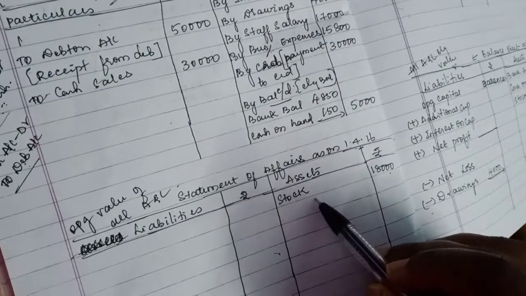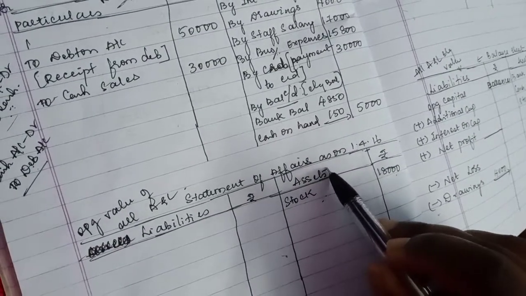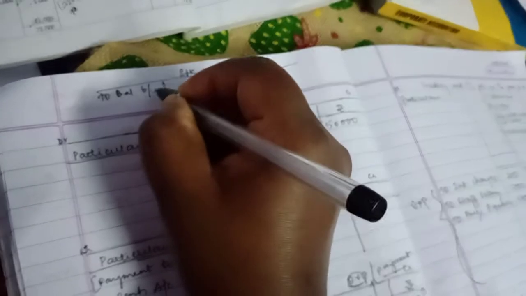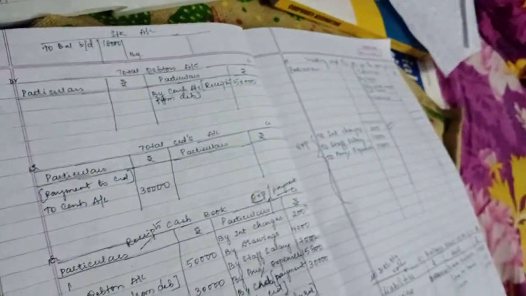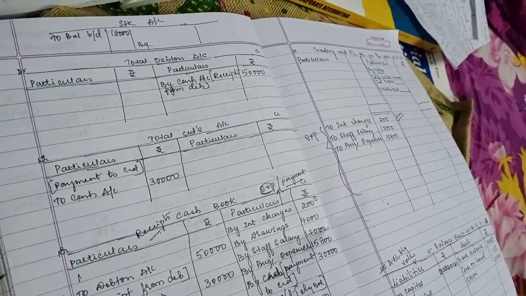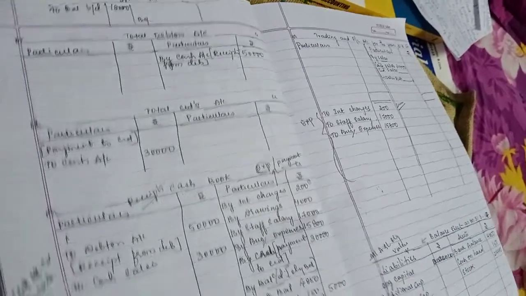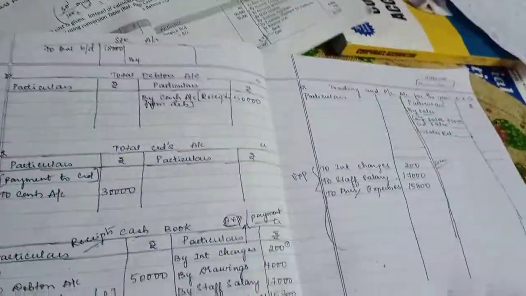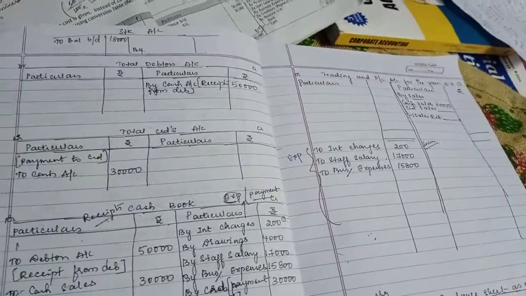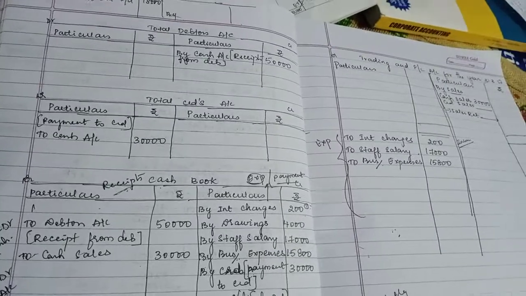So stock opening value, once I took it in the statement of affairs, second time I am going to write like this: To balance brought down 80,000. But for this problem, the stock account is not required to be prepared, so I am not preparing it. Clear? Closing, once it comes in the balance sheet, second time it will come in the stock account, but I am not preparing the stock account, so you can just ignore it.